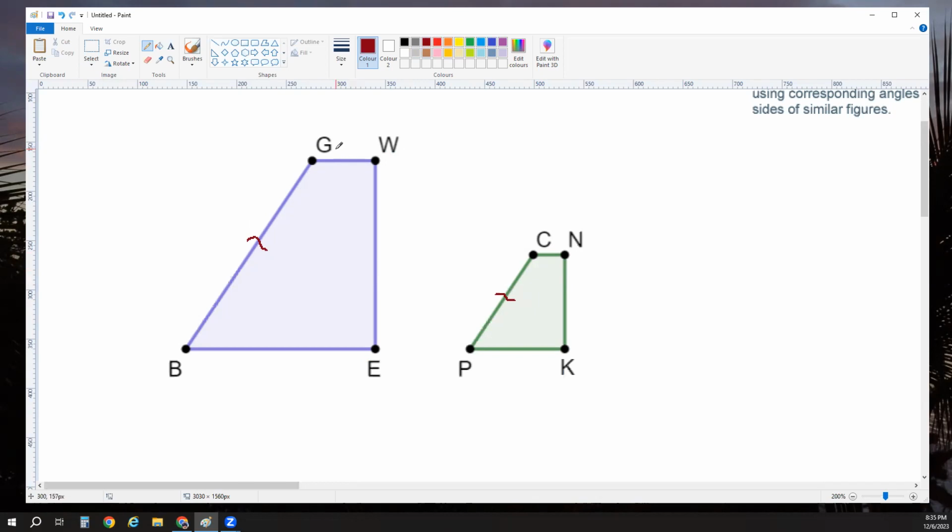Let's say this one is similar to this one here. Those two are similar. These two are similar. These two are similar. Those are similar line segments, corresponding line segment pairs.